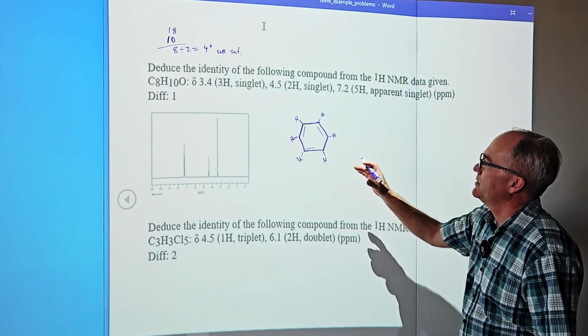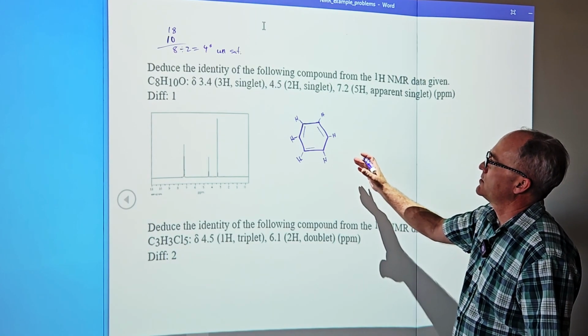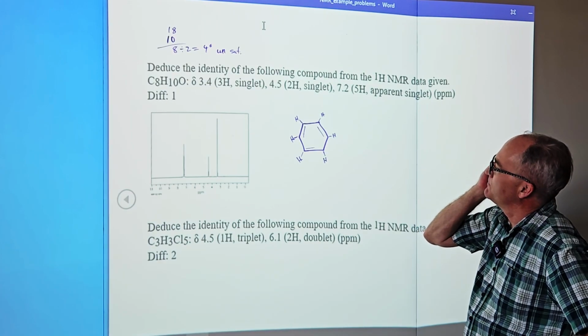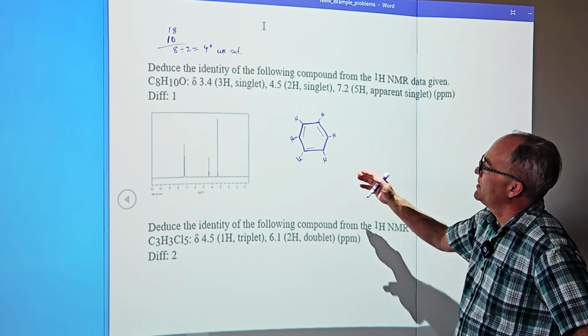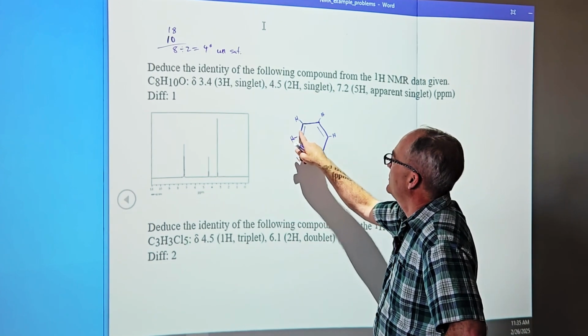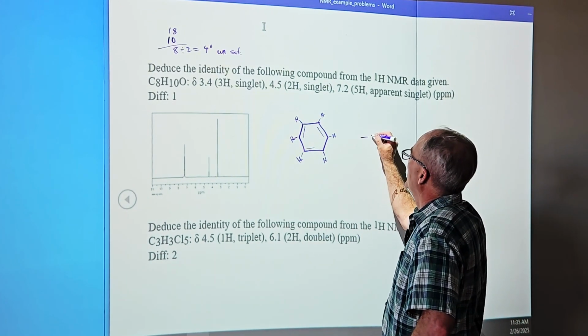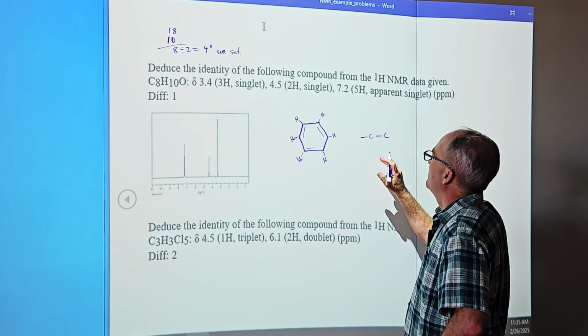All right, so that gives me 6 hydrogens. It says I have 10 hydrogens. All right, well, how many carbons did I burn up? 1, 2, 3, 4, 6. So I have 2 more carbons I got to work with.